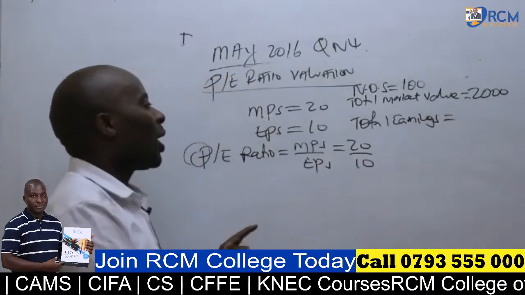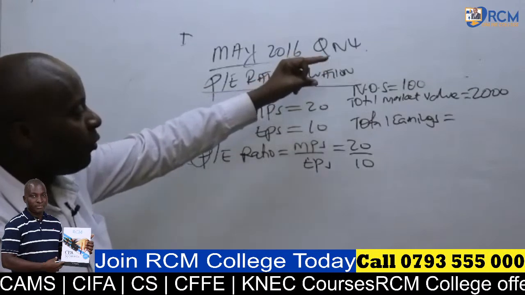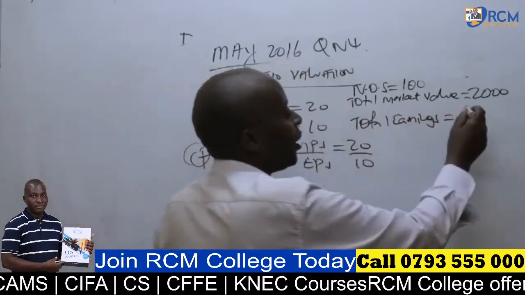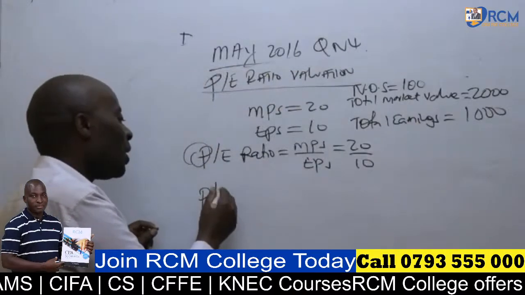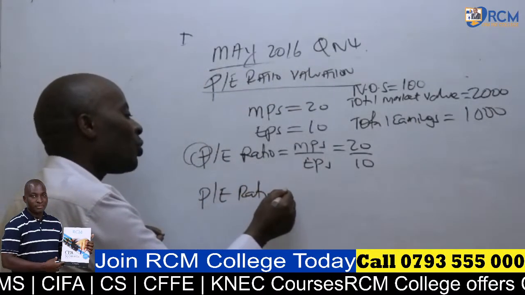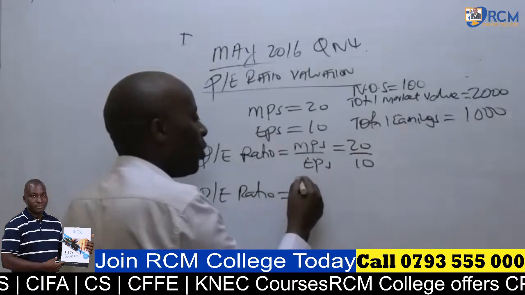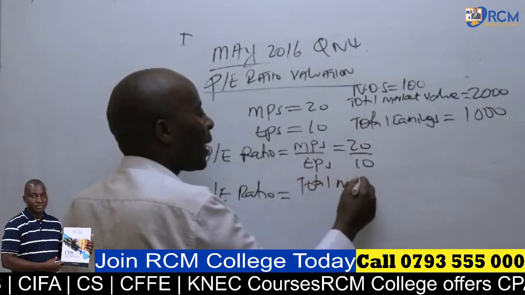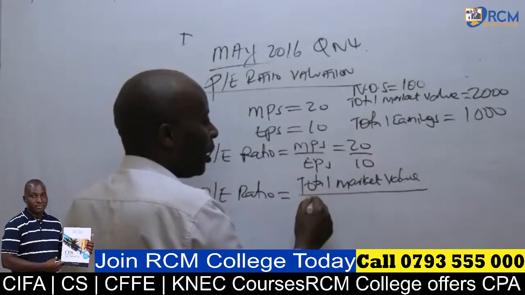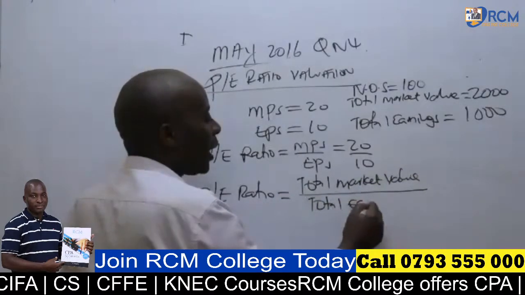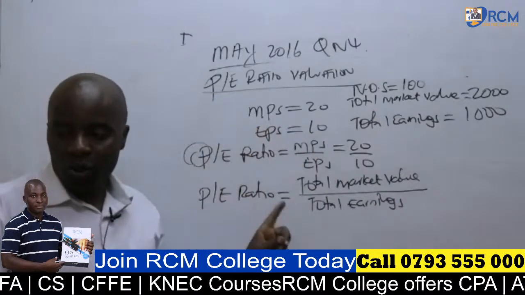Same procedure for total earnings. How will we get the total earnings? I'll take earnings per share times number of ordinary shares. So 10 times 100 gives me 1,000. And that is why, in terms of totality, the PE ratio will be equal to total market value all over total earnings.